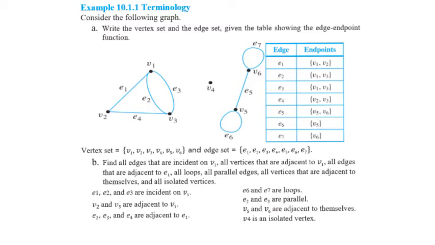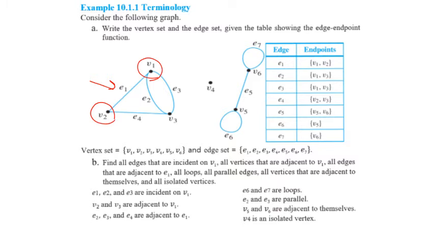And here is the table for the edge endpoint function. As I said in the previous slide, the edge endpoint function represents a correspondence from edges to the endpoints of those edges. So for example, the endpoints of E1 are V1 and V2.